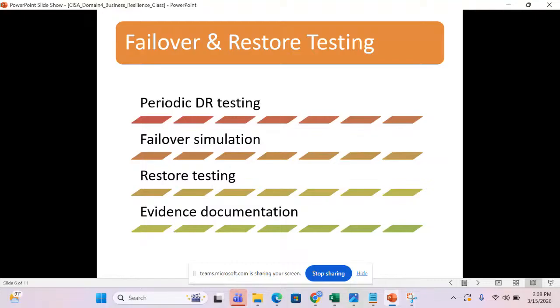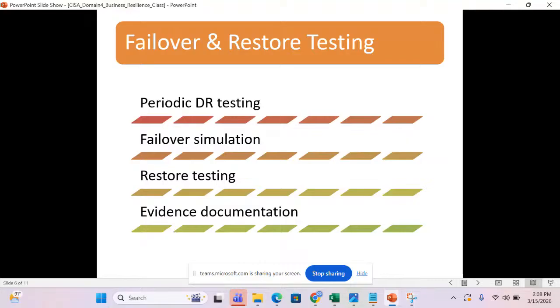Now, for every periodic testing you are doing, the failover simulation, the restoration testing that you are doing, you need to document.